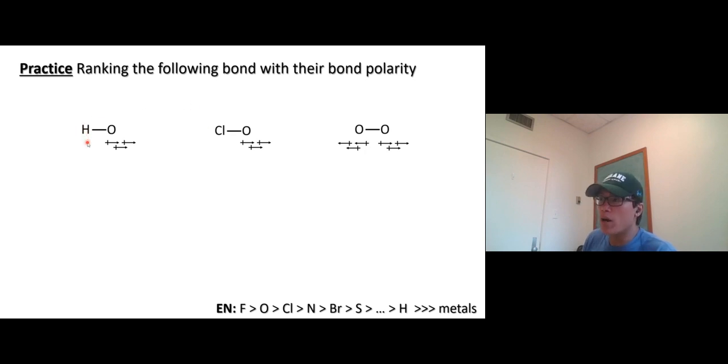Hydrogen is the least electronegative non-metal, so it pulls to the left with the weakest strength. Chlorine pulls a bit better than hydrogen, so they cancel out. The overall polarity, oxygen is going to win in the OH bond, pulling to the right much better than in the OCl bond. So you can compare like that: HO is more polar than ClO, and more polar than OO.